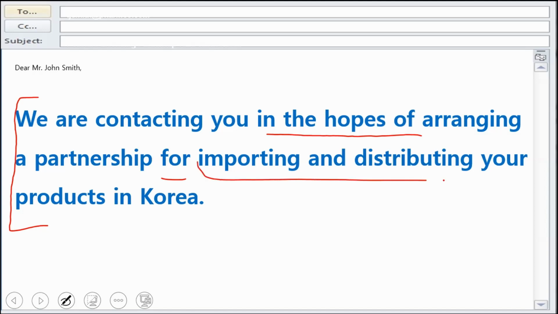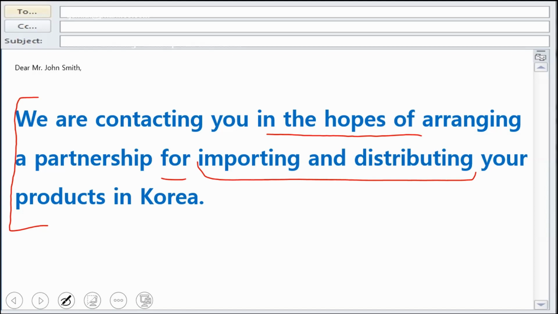The purpose is to import and distribute your products in Korea. So this is maybe a fairly typical situation. You're contacting a foreign firm in the hopes of, a good expression, arranging a partnership or setting up a partnership for importing their products and distributing them throughout Korea.